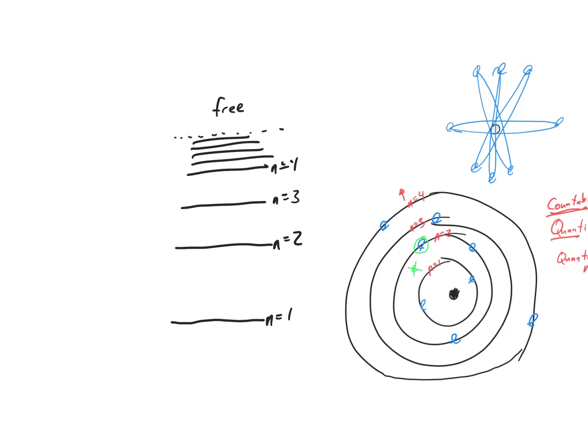So if an electron gets up there, it's free of the atom. But below that dotted line, it is still bound to the atom.